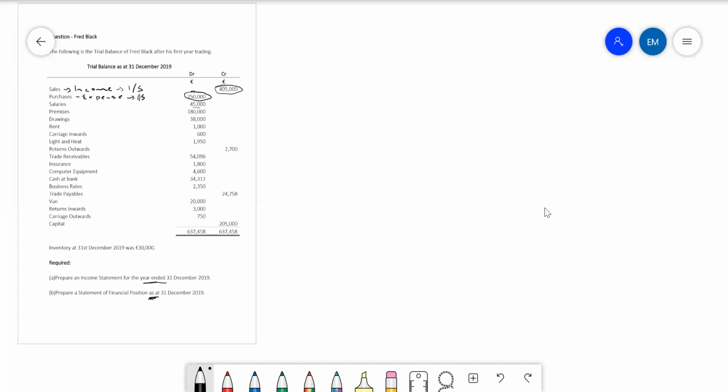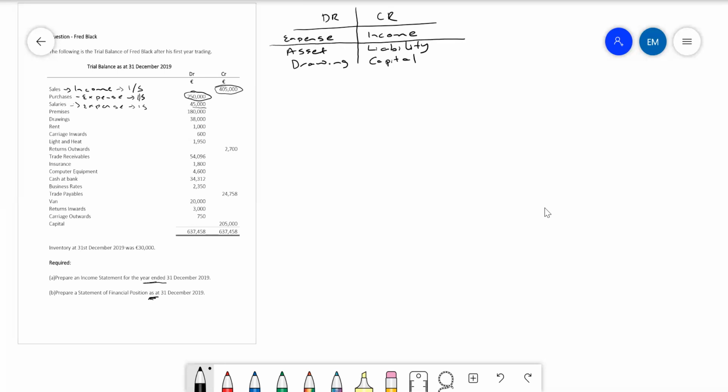Salaries is a debit balance. It is an expense, and it will appear in the income statement. Not forgetting our classifications: any debit balance will either be expenditure, an asset, or a drawing. Any credit balance will either be income, a liability, or capital.